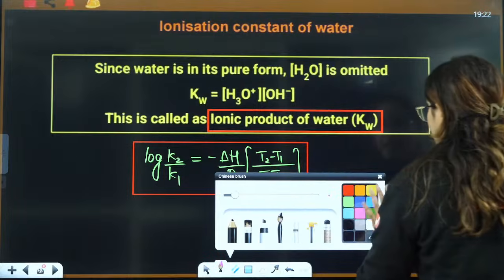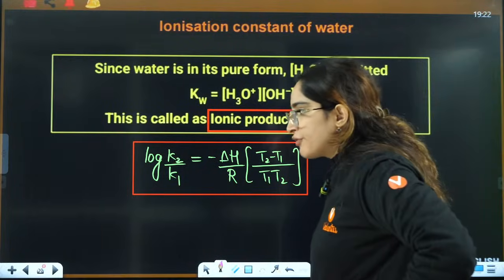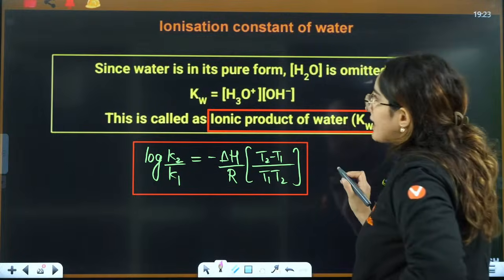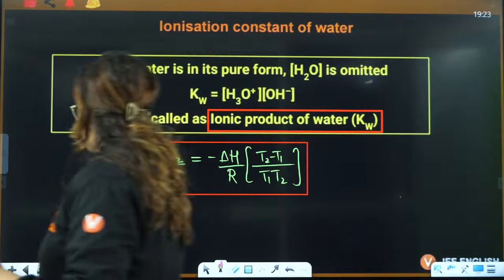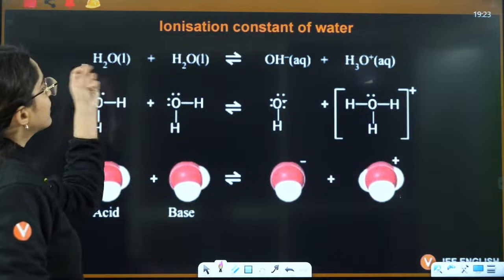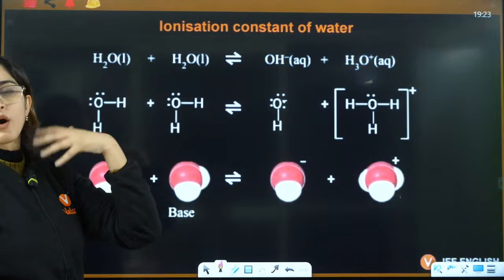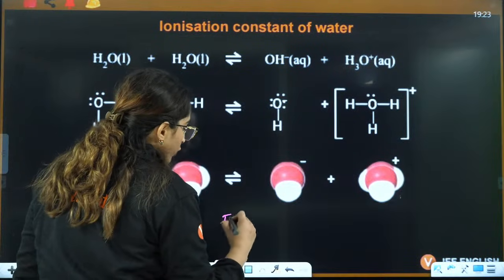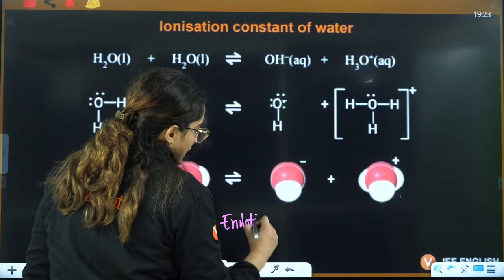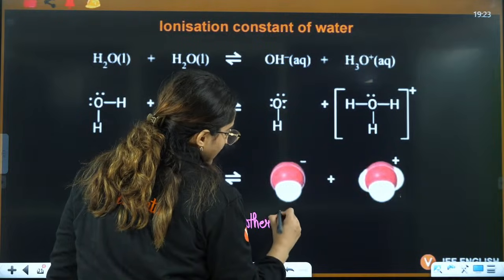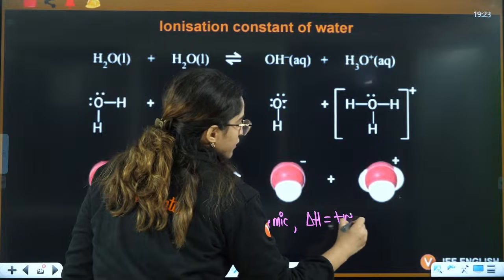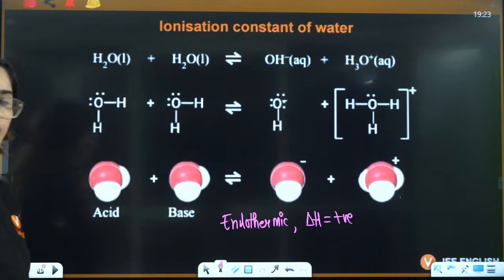Okay. In this equation, we are saying that this particular reaction where water is accepting, water is losing H positive, is an endothermic reaction. Endothermic means delta H is going to be positive or negative? Positive, right? Delta H is going to be positive.